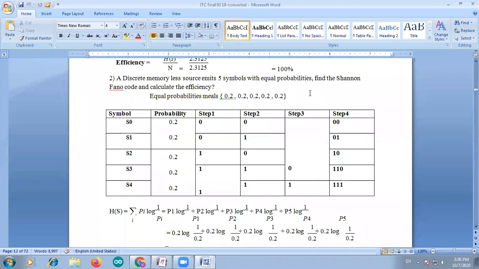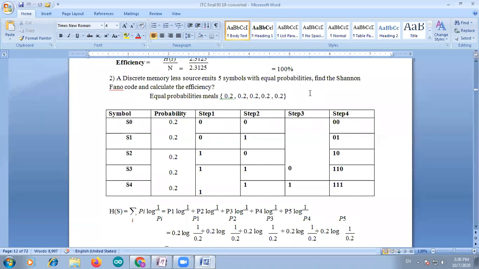Now, if there are 5 symbols, how can you divide the grouping? The grouping depends upon the equal probability condition. In this equal probability condition, if you separate 2 symbols above and 3 symbols below, what is the probability?